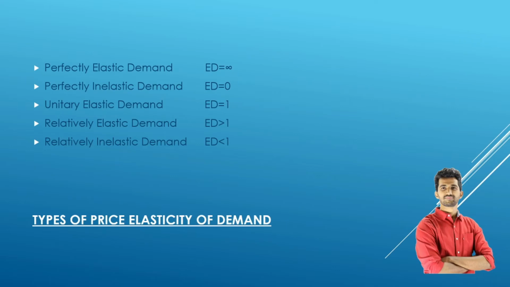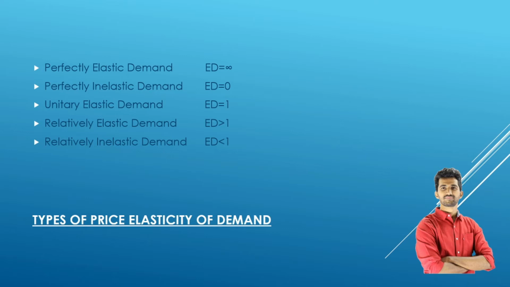In the previous video lectures, we started with elasticity of demand. The term elasticity indicates responsiveness of one variable to a change in another variable. Elasticity of demand refers to the degree of responsiveness of quantity demanded to a change in its price or any other factor.